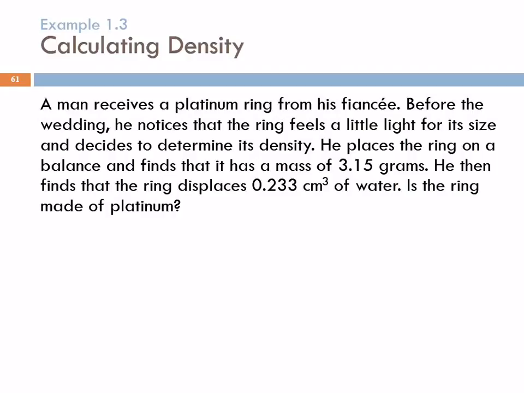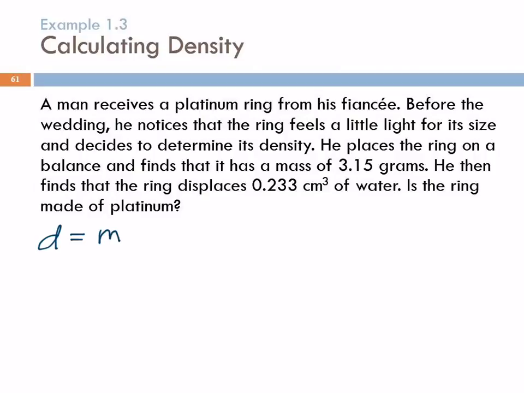We are given information to calculate the density. Density is an intrinsic property of metals. Different metals have different densities. If you pick up a chunk of aluminum and an equal sized chunk of lead, the aluminum is much lighter. That's why they make airplanes out of it, because it's not as heavy for its size. So what we need to do is figure out what the density is. Well, we can use an equation for that.